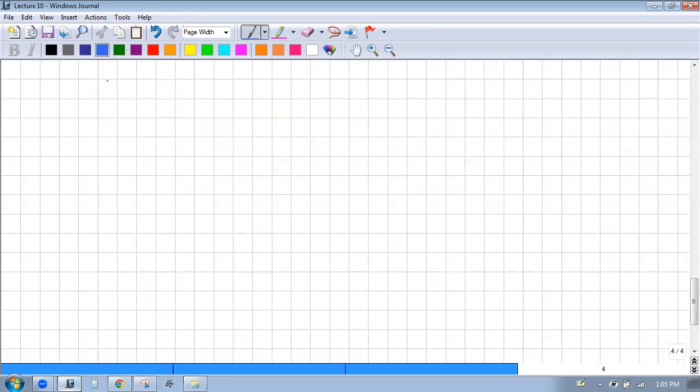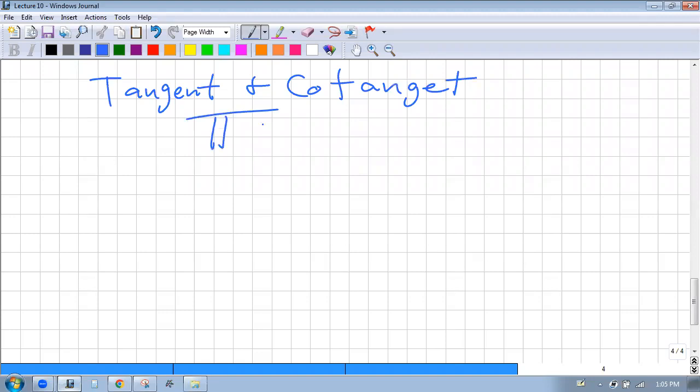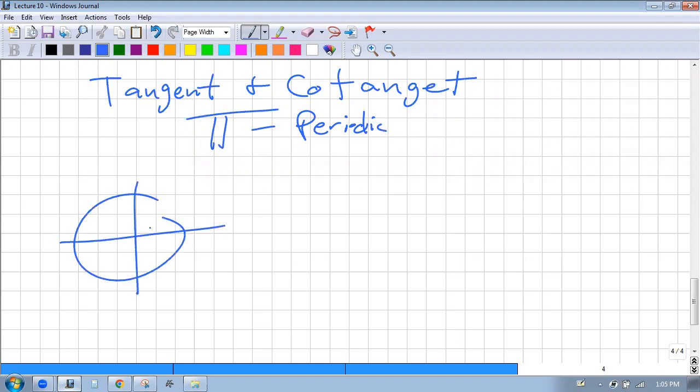Tangent and cotangent are pi periodic. Why is that? That's only a half a rotation. Well, let's think about this. Let's say this is theta and this coordinate is x, y. If I go another pi, theta plus pi, whatever this angle is, if I add pi to it, I'm over here.